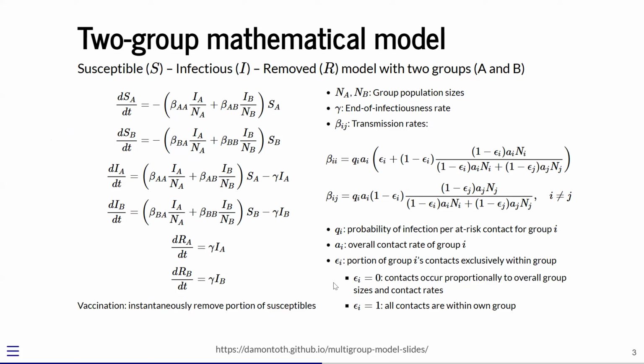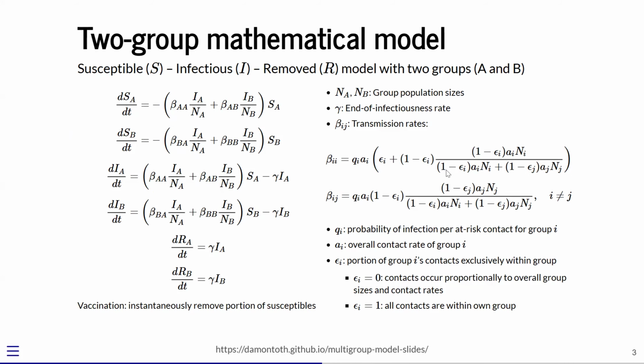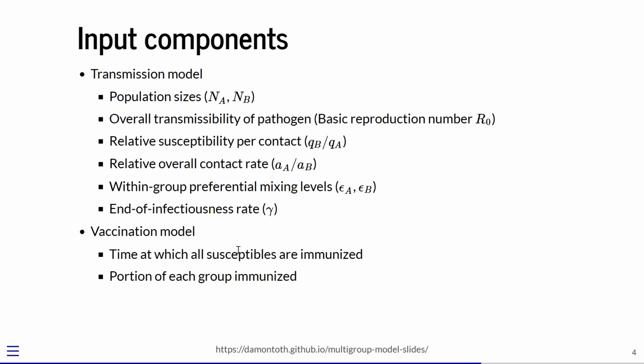And I didn't explain these equations. It's just safe to say that the equations take into account these assumptions that I explained in order to calculate the right beta value. So any input you give for these in the app automatically gets calculated into these betas, and then it solves the differential equations.